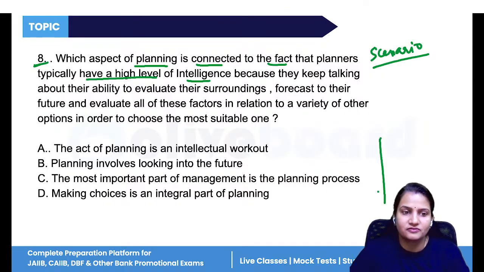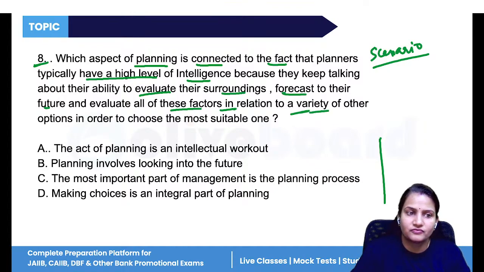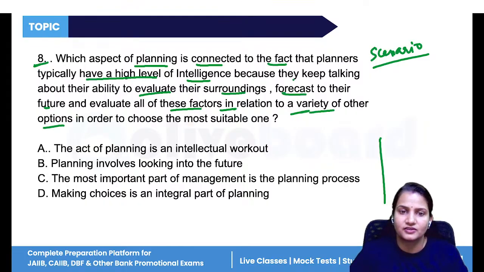Among the four statements given to you, which statement says that planners should have high intelligence, good skills, and be competent enough to tackle any kind of situation, any kind of problem? Evaluating their surroundings, forecasting future events, and evaluating all the factors in relation to a variety of other options that are necessary for the company.